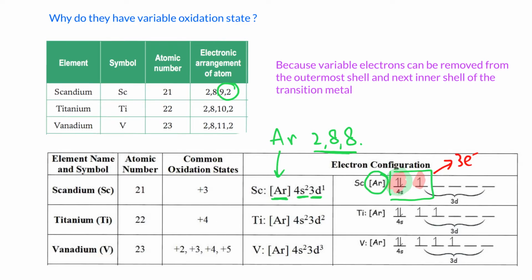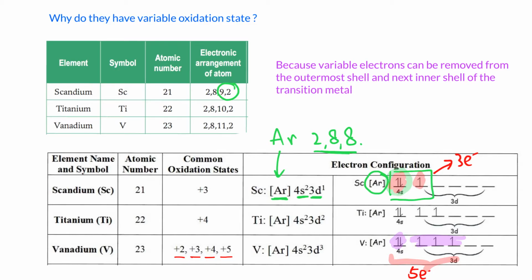For example, in vanadium, you'll find that in the outermost shell you have 2 electrons, and in the next inner shell you have 3 electrons. So at most, there are 5 electrons there. If they have 5 electrons, they can remove them one by one, and then they can form +2, +3, +4, and +5. So that would be like that.